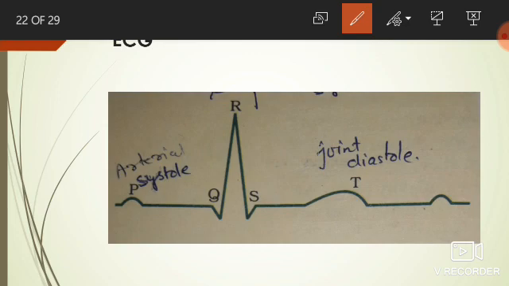Now, what is the significance of this ECG? Why are we studying this? By counting the number of QRS complexes that occur in a given time period, we can determine the heartbeat rate of an individual. The ECG obtained from different individuals has roughly the same shape, and any deviation from this shape indicates a possible abnormality or disease.